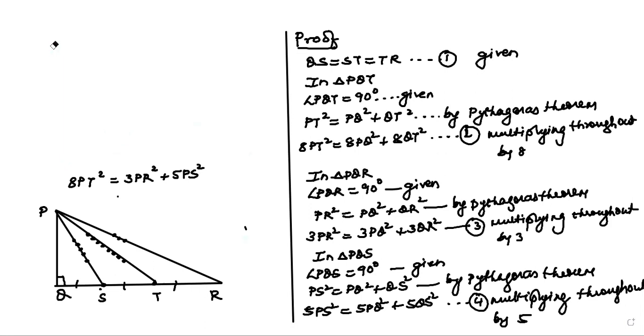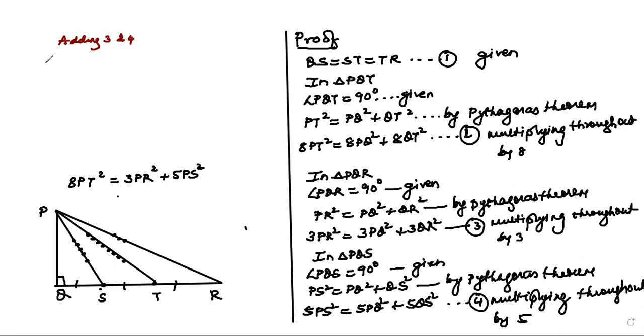Okay, so see here, children. I want this 3PR square plus 5PS square, adding 3 and 4. When I add 3 and 4, what will happen, children?